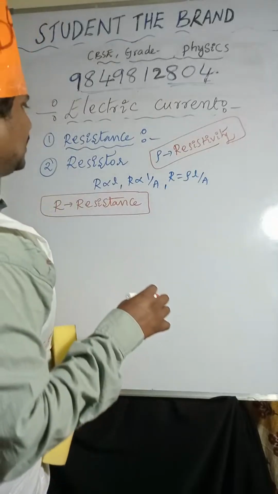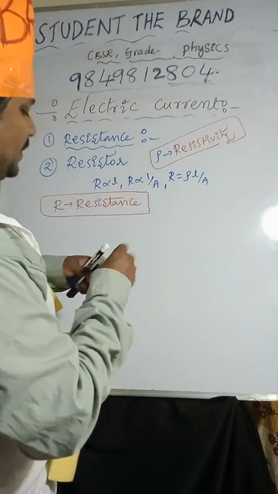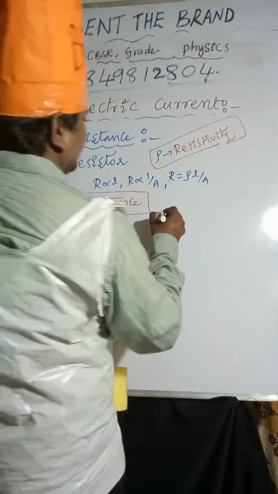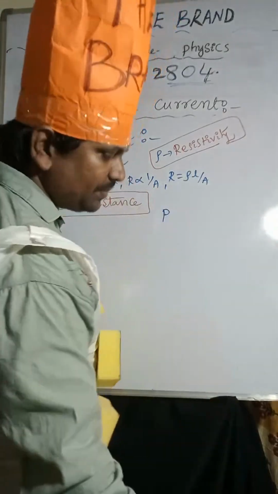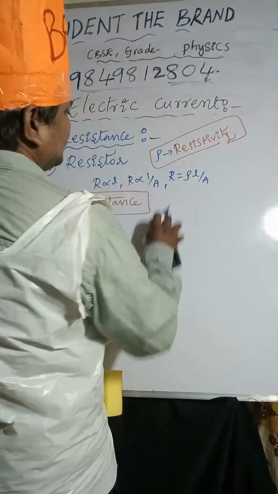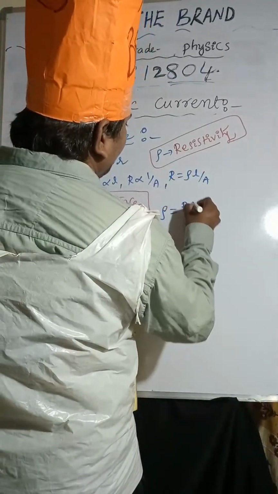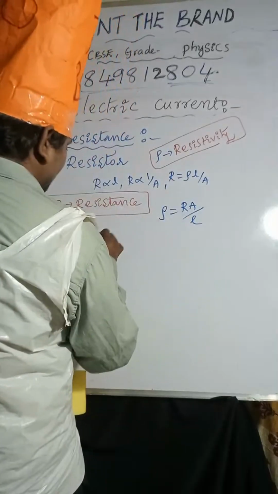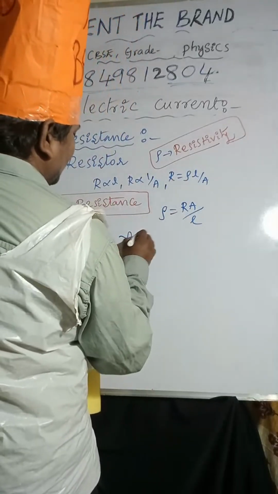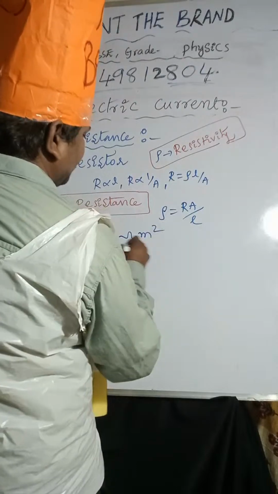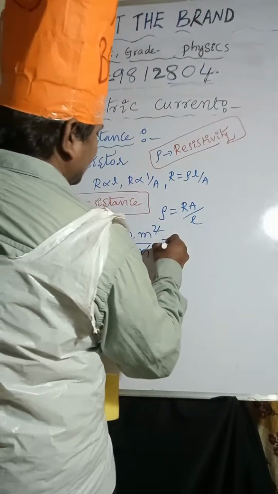Now rho equals RA by L. The unit of R is ohm, and area is meter squared, divided by meter. So a meter cancels, leaving ohm meter.